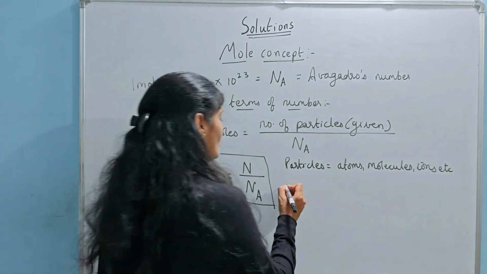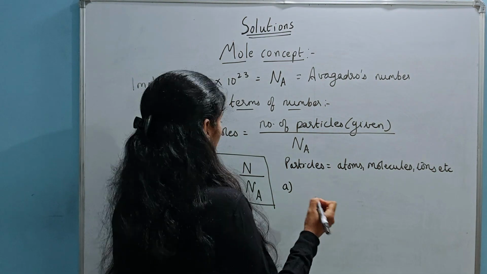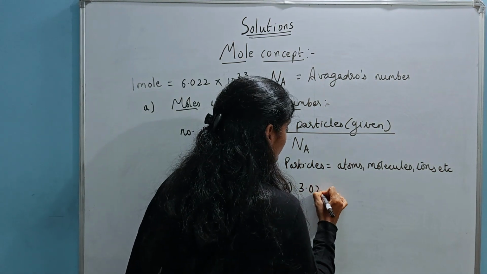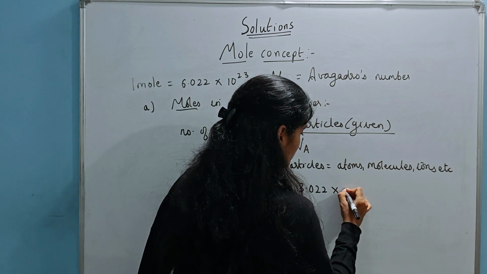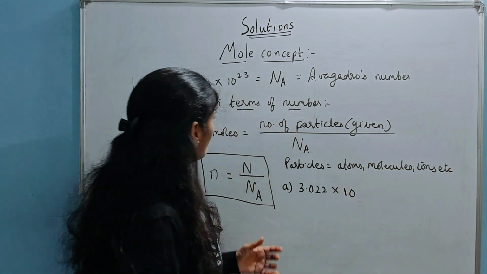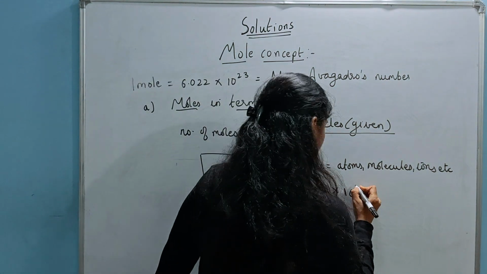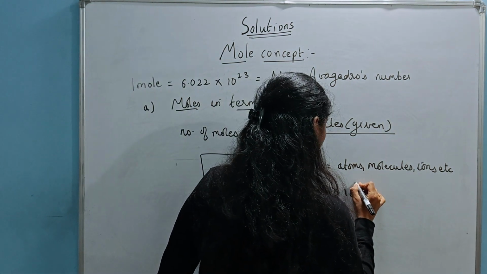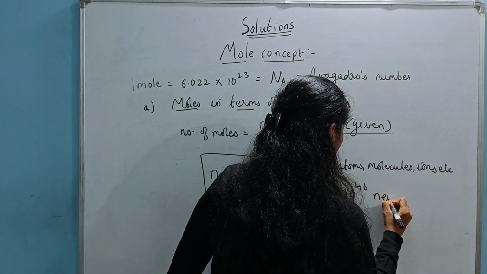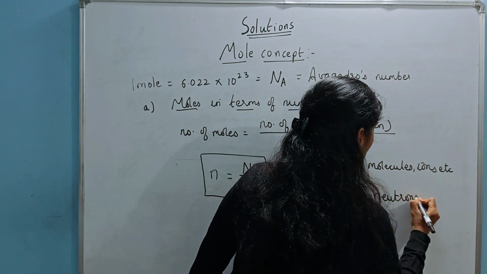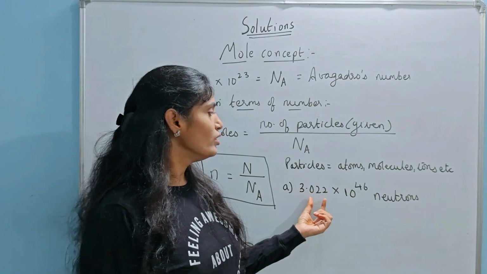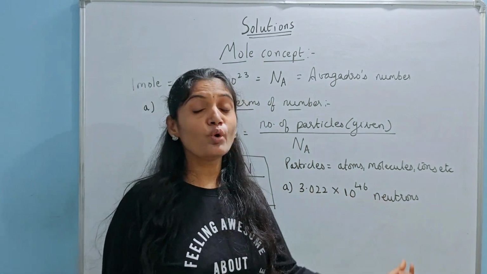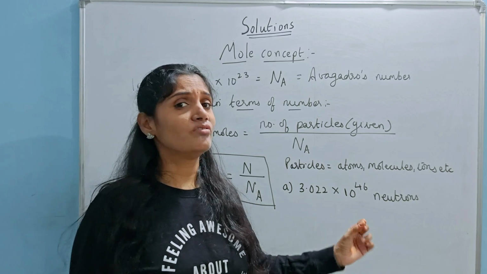Let us take a small example. If I say 3.022 into 10 to the power of 46 neutrons, how many particles are given to me? 3.022 into 10 to the power of 46 neutrons are the particles which I am considering here.